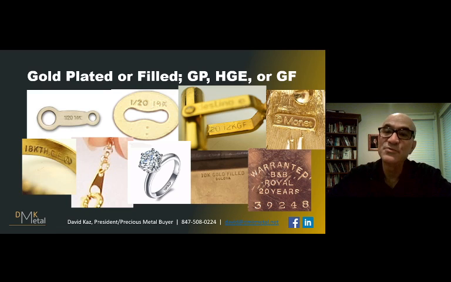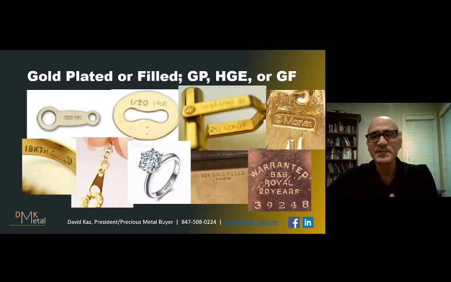Now, the type of things you do not want to see on your item that show that it's gold plated or gold filled would be these type of tags and marks. So if you see 1/20th 14K, 1/20th 12K GF, the word Monet, Monet is not gold. If you see gold filled, if you see KGRP, if you look in the lower left second image, if you see an oval shaped tag, unfortunately that means that we've got a gold plated item.